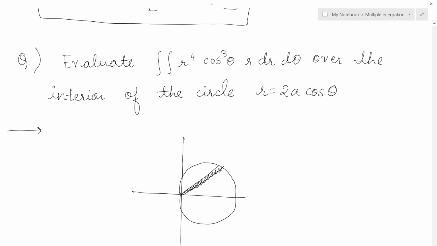Now it's the complete circle, right? Because they have given a complete circle. So this is minus pi by 2 to pi by 2. You know this very well. So the angle will be minus pi by 2 to plus pi by 2. Okay, 0. And this is 2a cos theta.